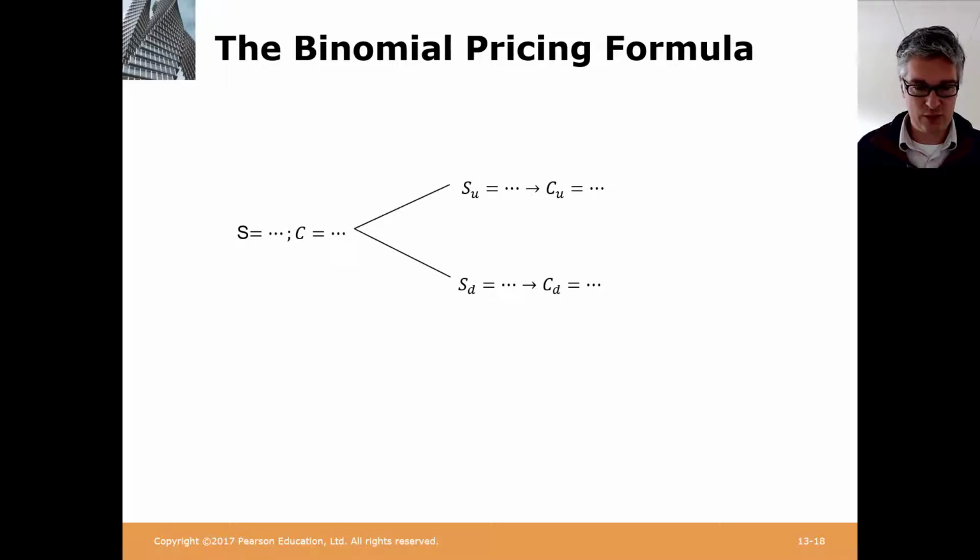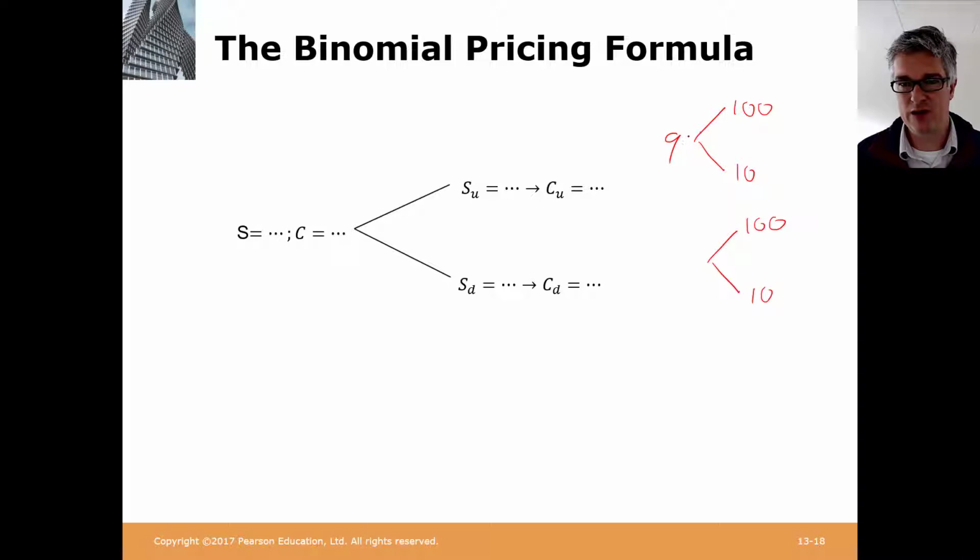So suppose, just to give a little bit of a numerical example, I have shares that pay either 100 or 10. Then I can say something about the probability of the share price becoming 100 or 10, because suppose my share price is 90 versus when it's 20.